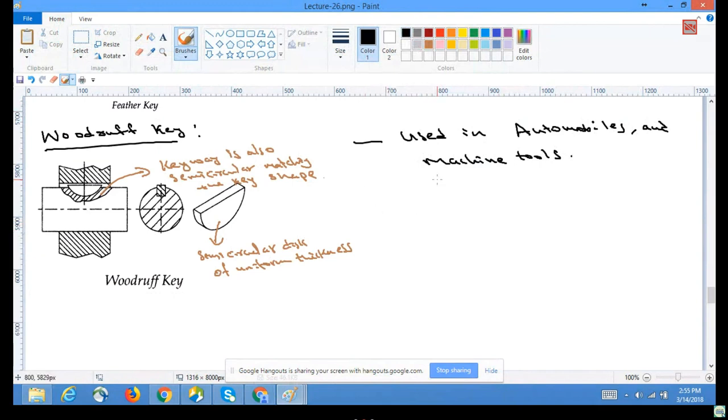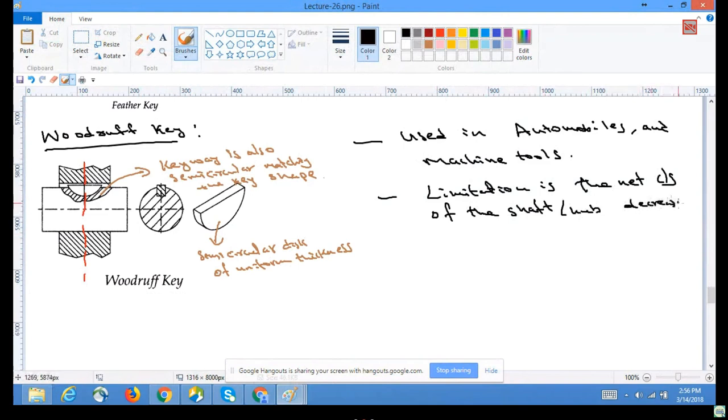So one limitation is at this place the net cross section of the shaft or hub decreases, hence stress concentration is observed.